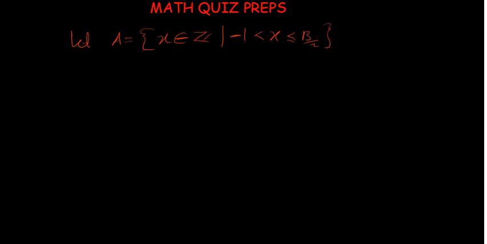Like that? Yes, and B be equal to 2568. Then C be equal to 1264.